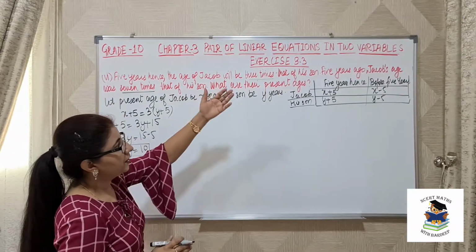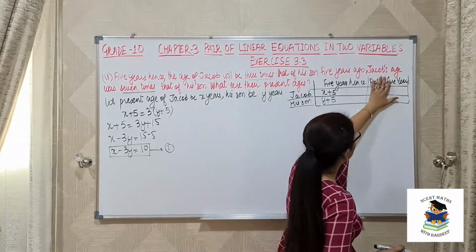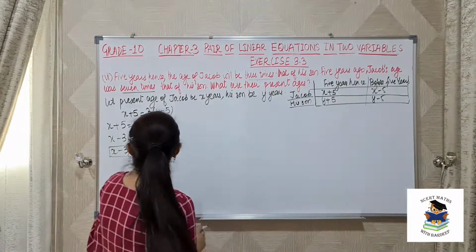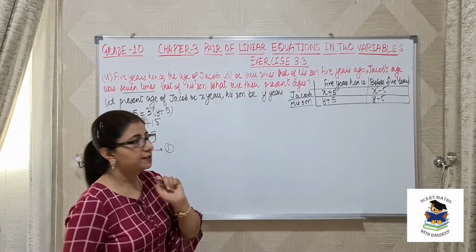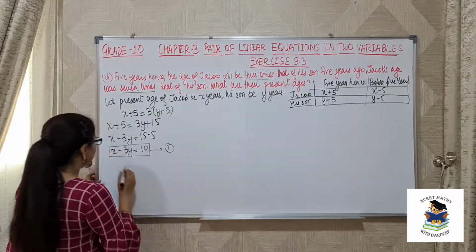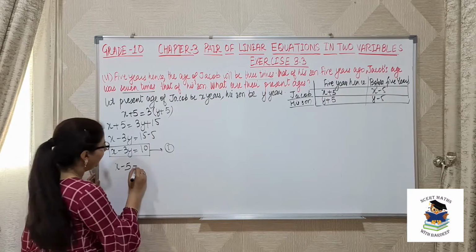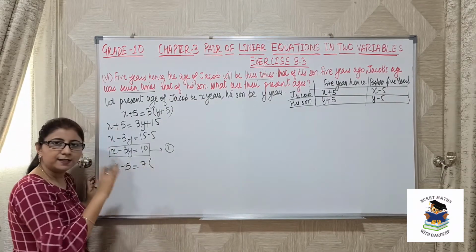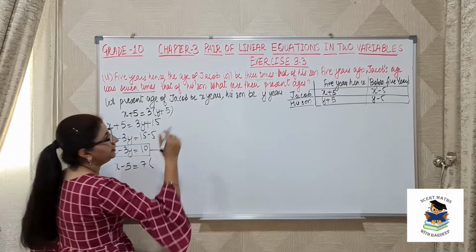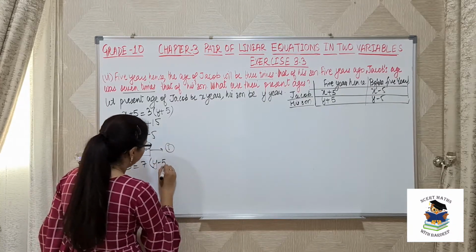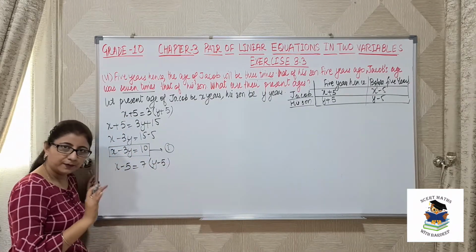Second is 5 years ago, means we will use these values. Jacob's age was 7 times that of his son. So before 5 years, Jacob is x minus 5 years and this age was 7 times his son's age at that time, which was y minus 5. Clear?